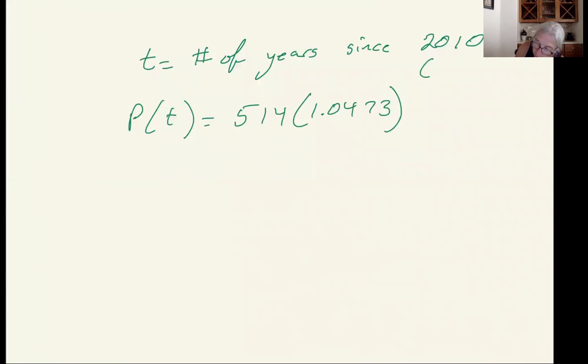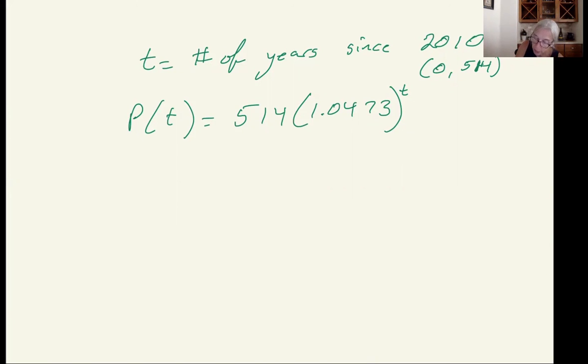And in this case, my reference point, because I know that in 2010 I had 514 deer, my reference point would be this 514. And so all I would have here is a t, because it would be really t minus 0, and the minus 0 I don't need to say. So in 2011, that would be just 1 year later.